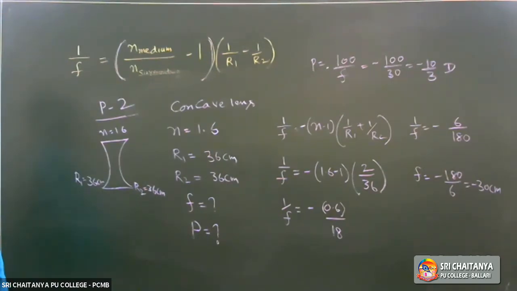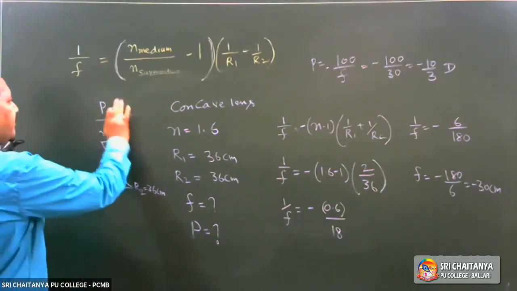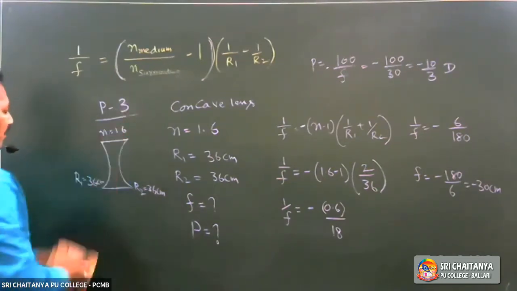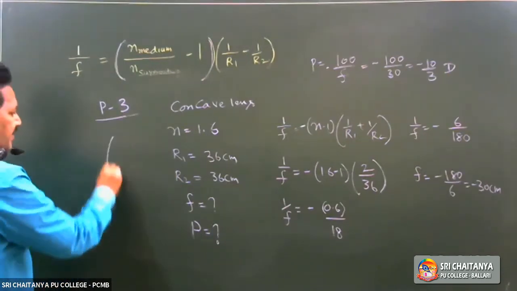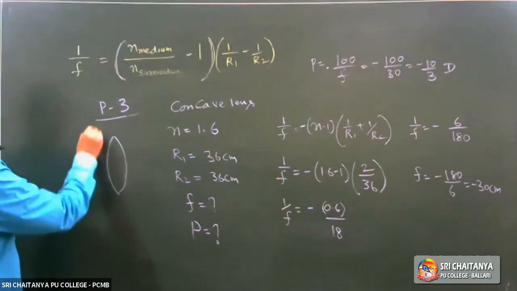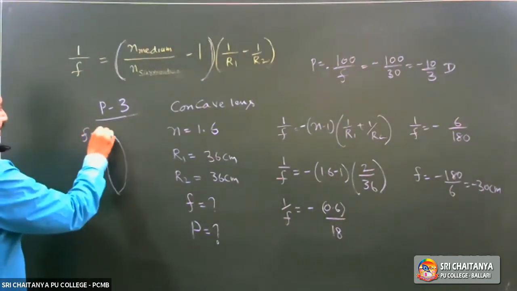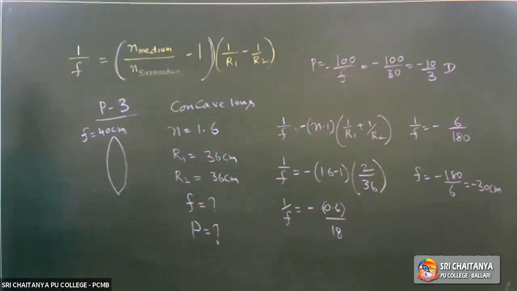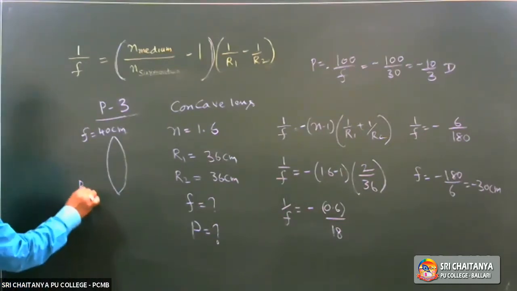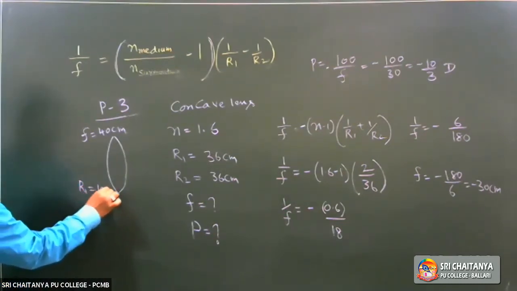Problem number 3. Convex lens. Focal length 40 centimeters. Radius of curvature 10 centimeters.